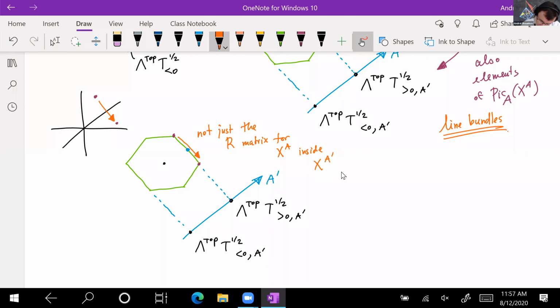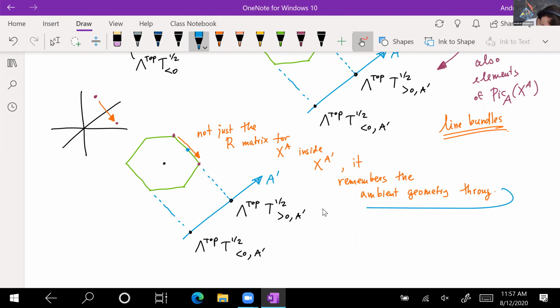It has to remember the ambient geometry. Interesting typesetting on my part. So it remembers the ambient geometry through precisely this shift.